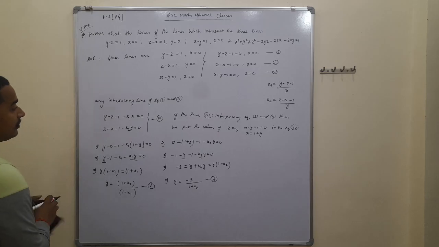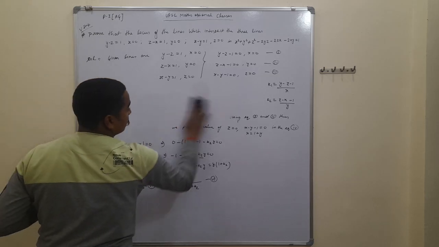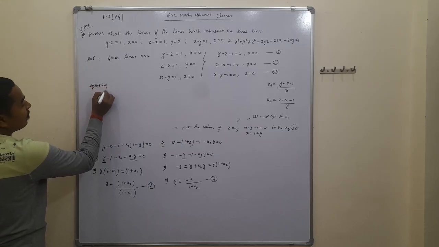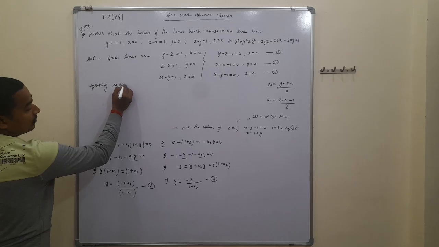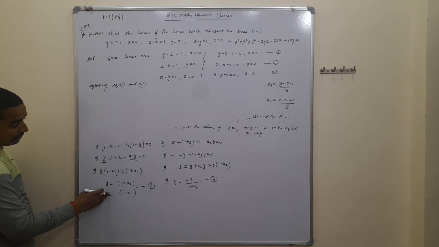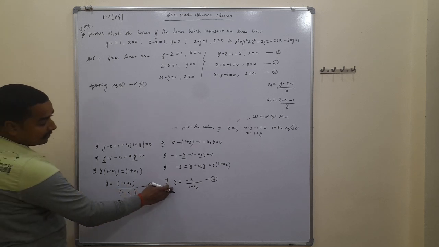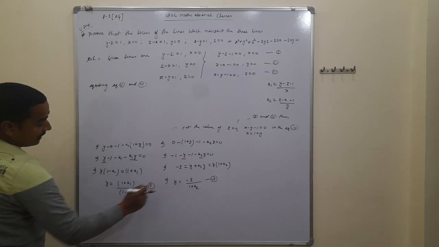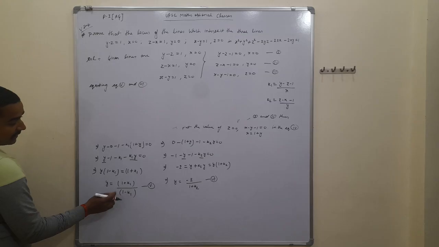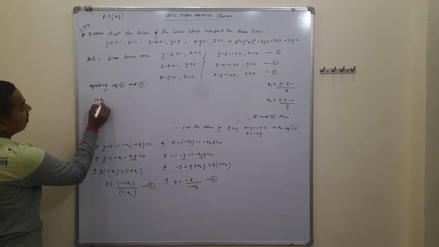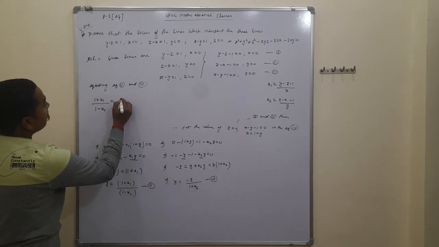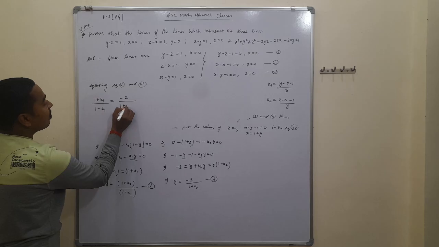And from here, equating equation 5 and 6: if the left hand sides are equal, then the right hand sides must be equal. Equation 5 right hand side is 1 plus k1 upon 1 minus k1, equal to equation 6 right hand side, minus 2 upon 1 plus k2.